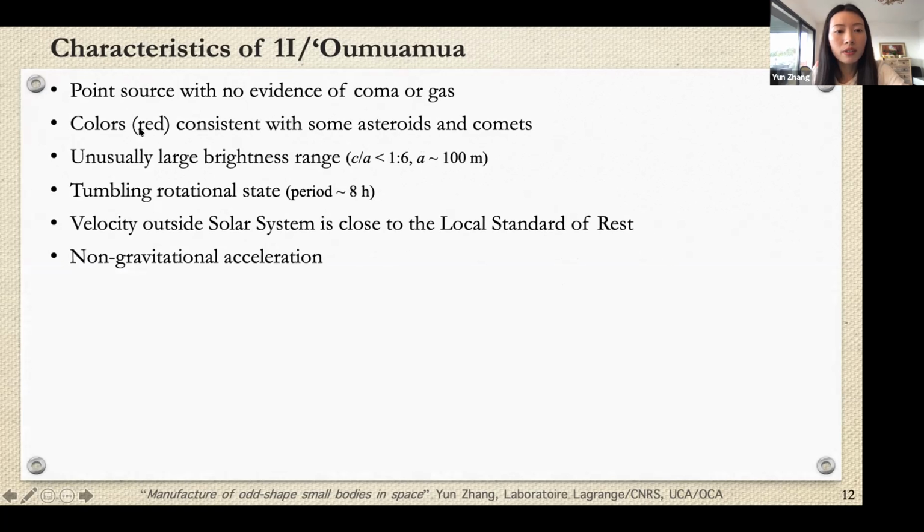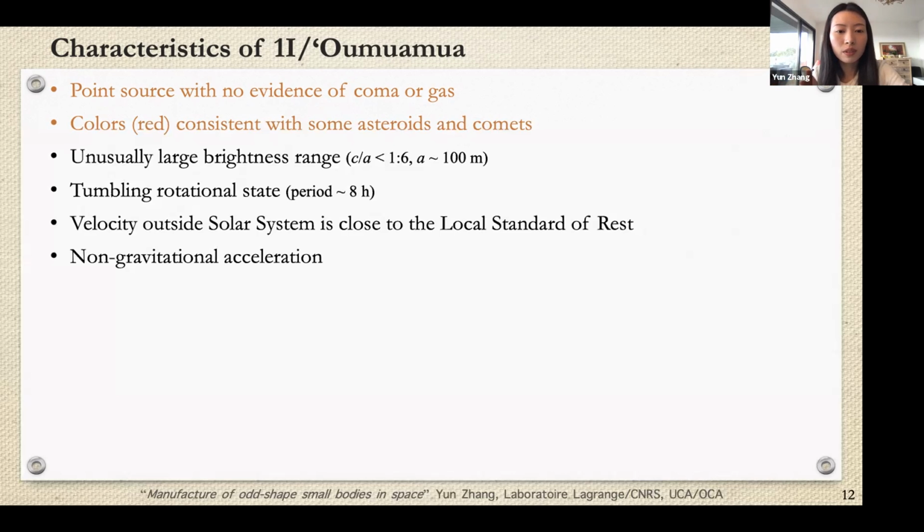So overall, these observed features of Oumuamua raise many puzzles. Let's find out. So first, although orbital migration of giant planets can eject small bodies into interstellar space, rocky bodies are actually much less likely to be ejected than icy bodies because the planets are more massive and the escape speeds are lower outside the snow line.